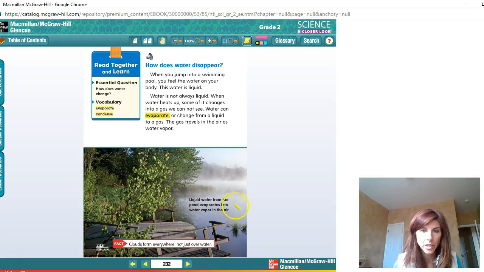So this water here, you can see some of the liquid in the air, the water vapor, and it's being heated and it's rising. Sometimes you can't see that. And you guys did an experiment on that when you put the dirt in water and plastic over the top of the cup, and you saw the water rising to the top of the plastic if you put it in sunshine.